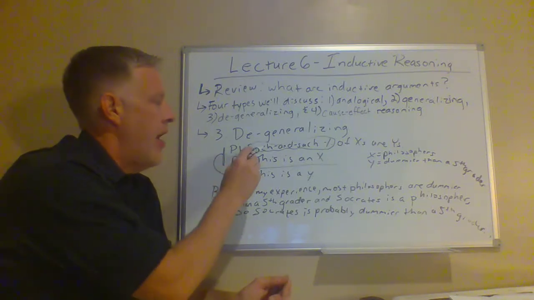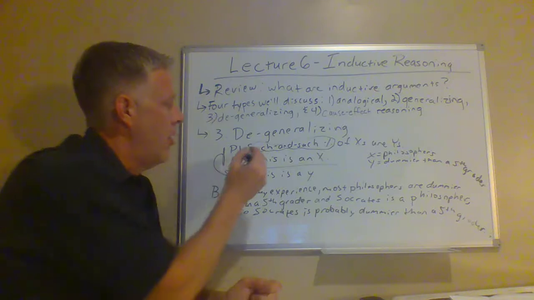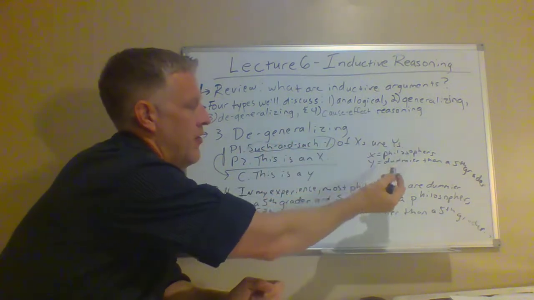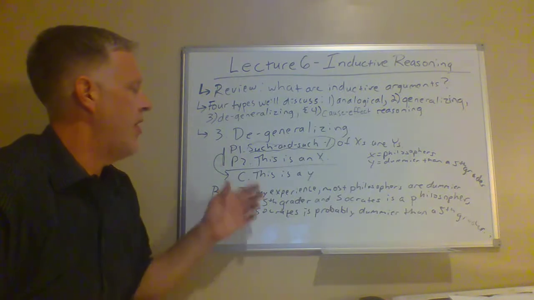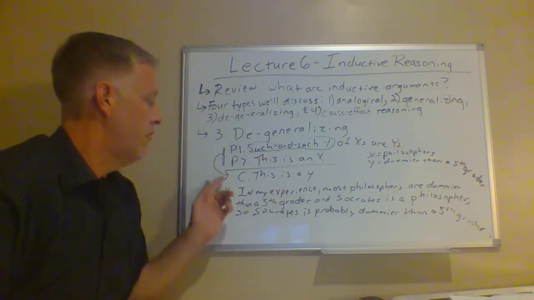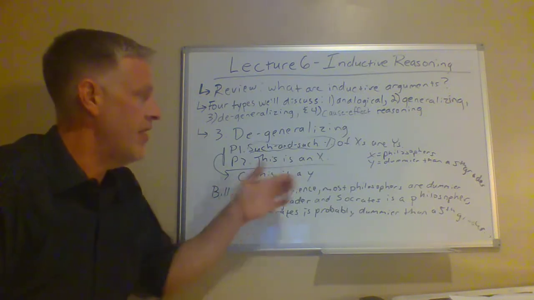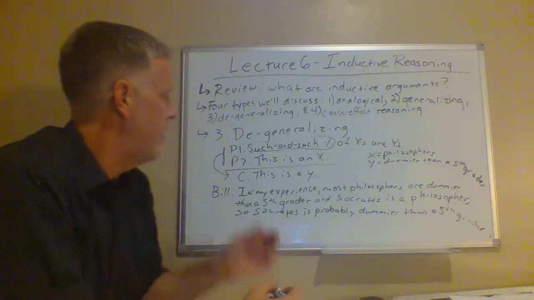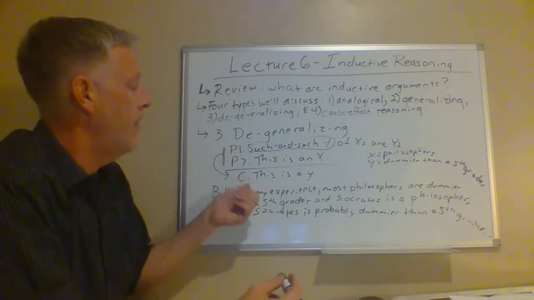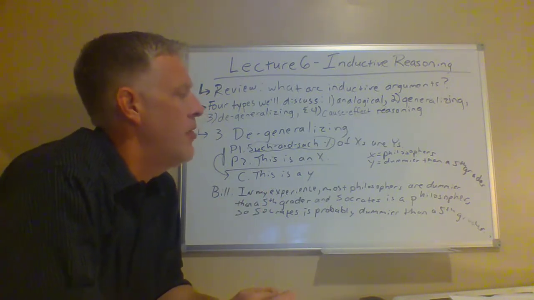If we assume it is true, as we do when we assess the strength of an inductive argument, if we assume, when they say 99% of philosophers are dummier than a fifth grader, that's true and we assume Socrates is a philosopher, well then it's going to be pretty likely the case that he's dummier than a fifth grader. Okay, so that would be a relatively very, very strong argument for that conclusion, that Socrates is dummier than a fifth grader.